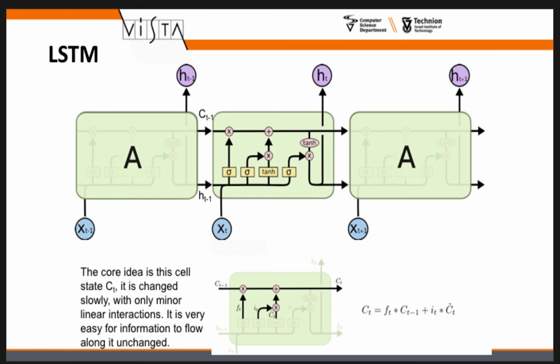So it's very easy for information to flow along unchanged chains. So ct is ft multiplied by ct minus 1 plus it multiplied by ct tilde.